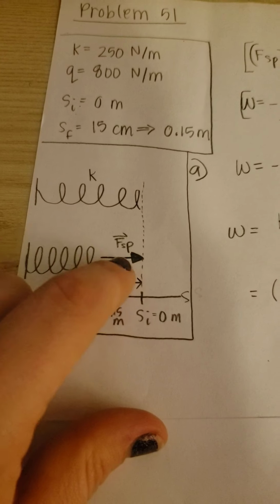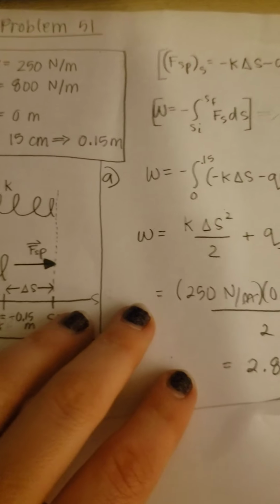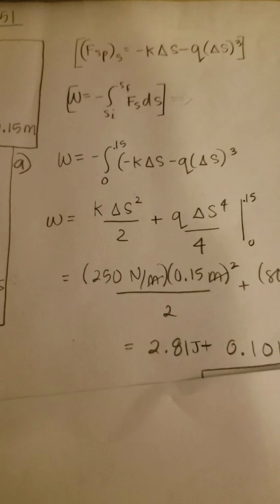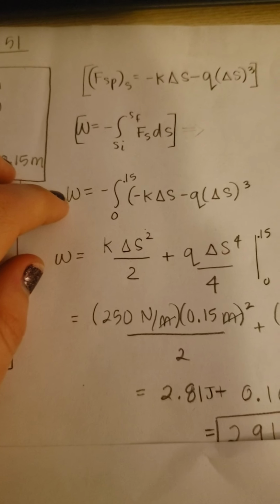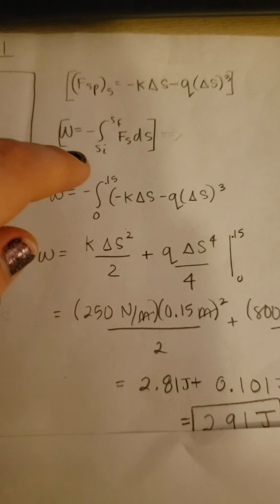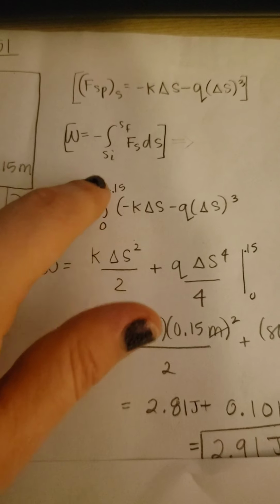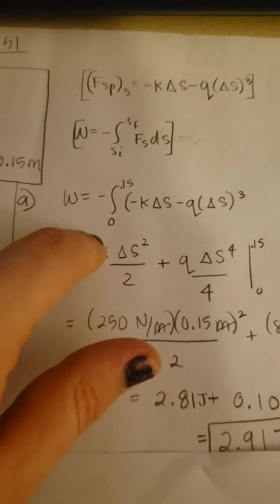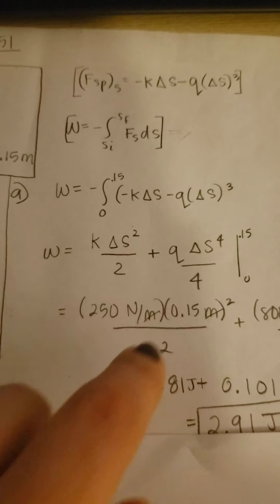Note the change in s here, and the force of our spring going in the direction towards equilibrium. So to solve, we want to go back to integrating that equation for the restoring force, and can just plug that in there. Final position 0.15, initial position 0, and then we can solve that here.